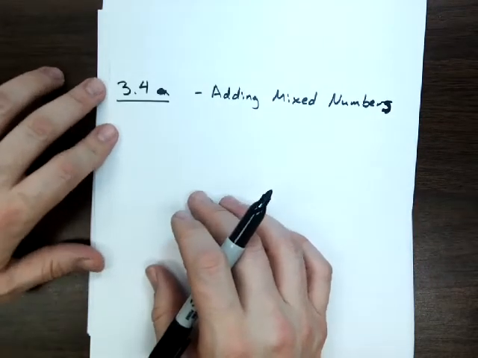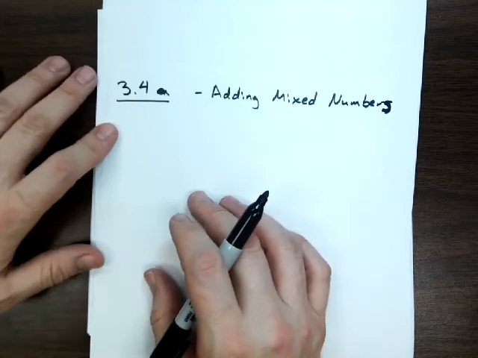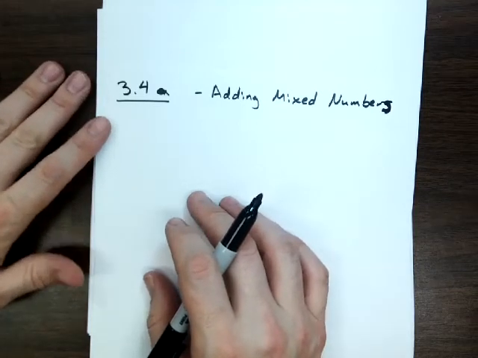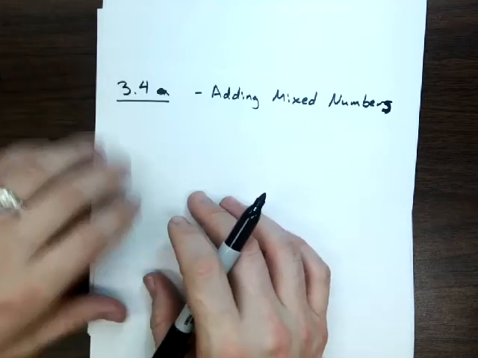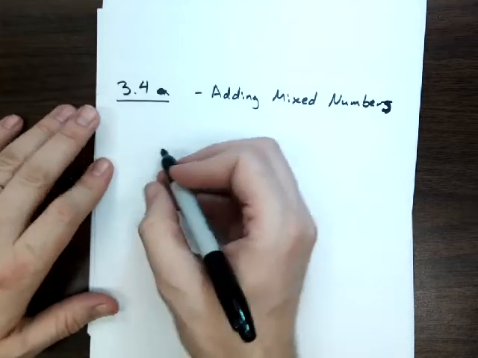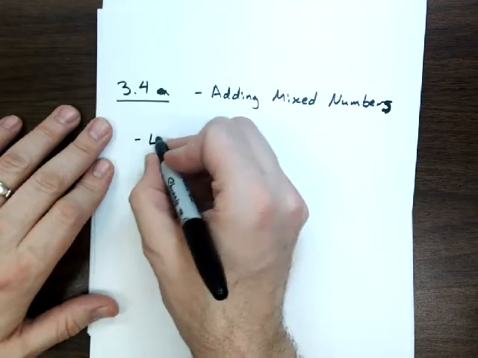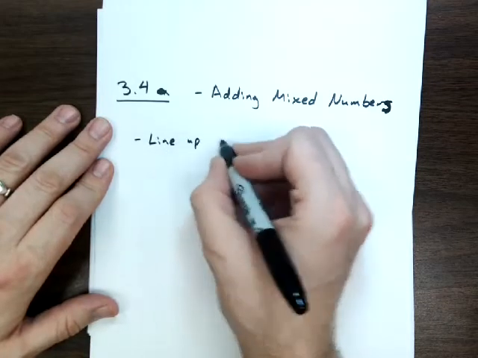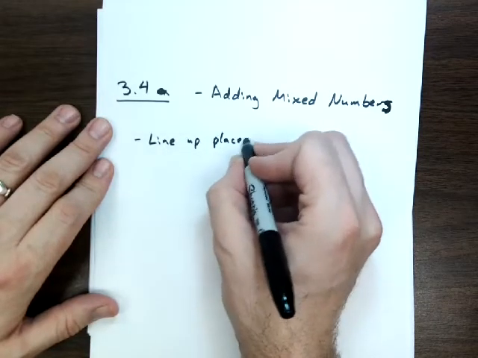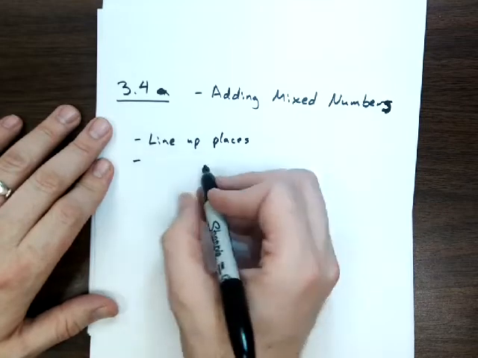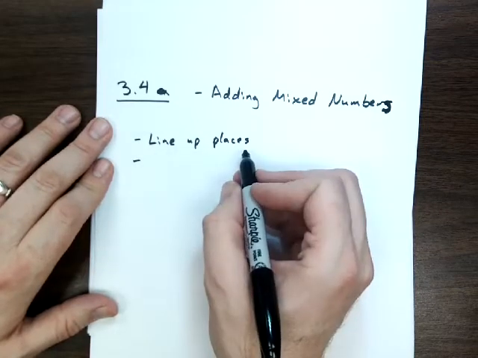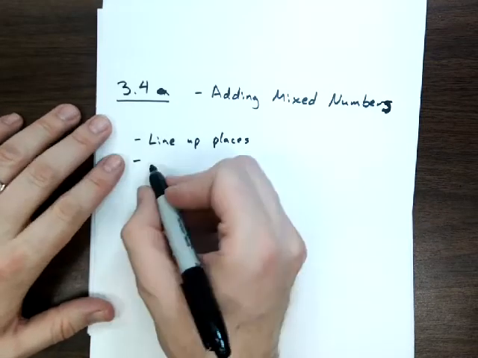The idea of adding mixed numbers is very much like adding whole numbers. What we're going to do is line up our place values, and we're going to add one at a time. We may, of course, need to carry.